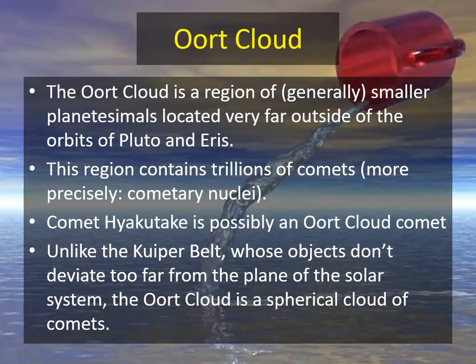But unlike the Kuiper Belt, the Oort cloud, again, is a spherical cloud of comets, whereas the Kuiper Belt actually occurred due to more organized scattering, somewhat with interactions of Uranus and Neptune. A lot of the bodies in the Oort cloud were scattered out early on by interacting with Jupiter and Saturn, very early in the solar system.